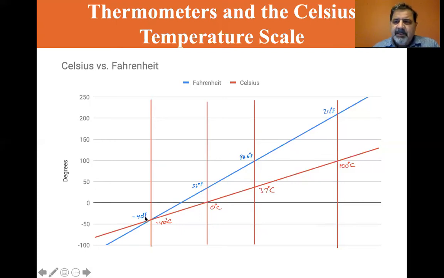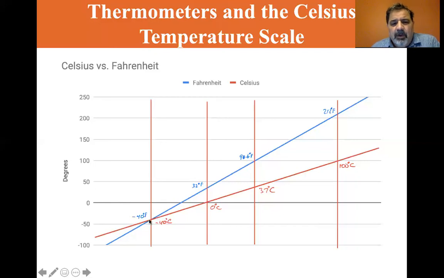I may make it an extra point if somebody wants to come up with the y equals mx plus b. You can do like minus 40 and minus 40 and 212 and 100, or pick two other points, and you can come up with a y equals mx plus b equation to give me the conversion. I'm going to give you the conversion later on, but I would like to see if you know the steps to convert it yourself. If you do, then you never have to memorize a formula. You can just derive it on the spot.